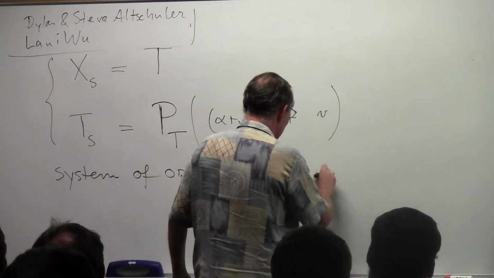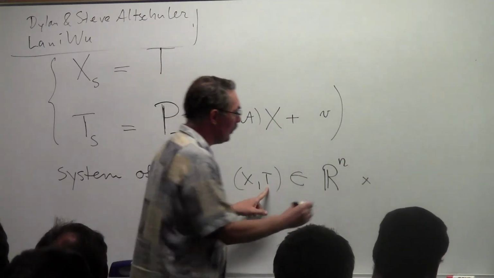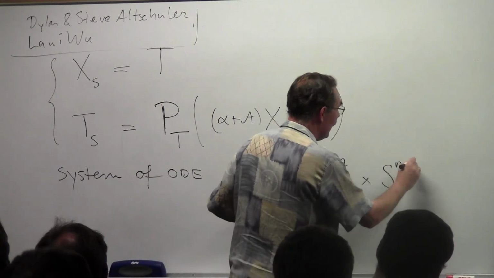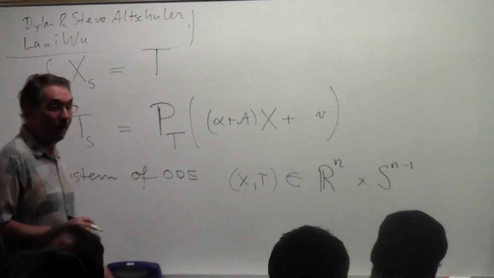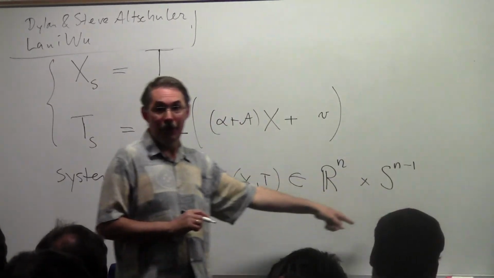So in principle, this could be in R^n, and T has to be a unit vector, so it sits in the unit sphere in R^n, the (n-1)-dimensional unit sphere. Okay, so it's a system of differential equations that gives you a flow on this space.